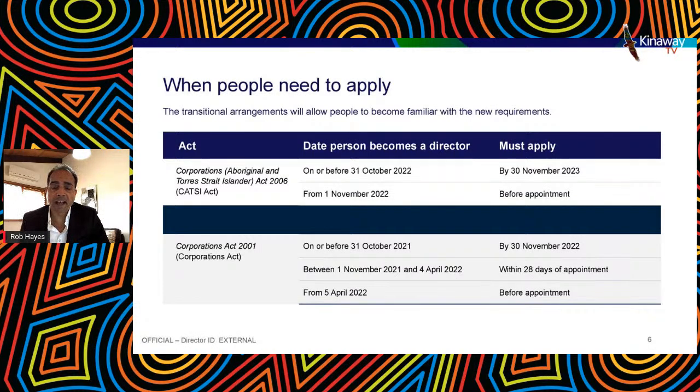Under the Corporations Act, and for entities that are registered with the Australian Securities and Investments Commission, as I mentioned, those existing directors need to apply for their director ID by the 30th of November 2022, so next week. New directors need to apply for their director identification number prior to their appointment.